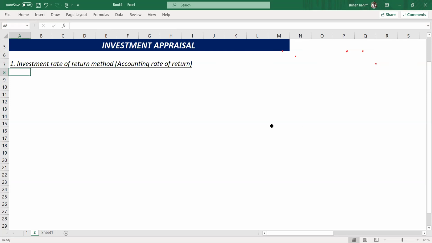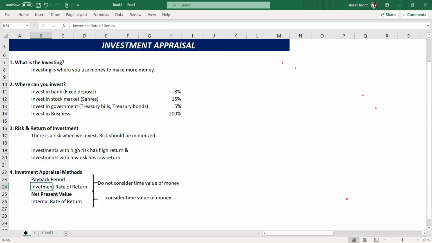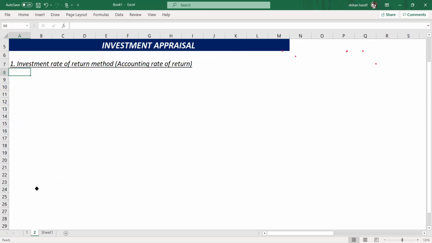I will explain one by one. Okay. First, investment rate of return.